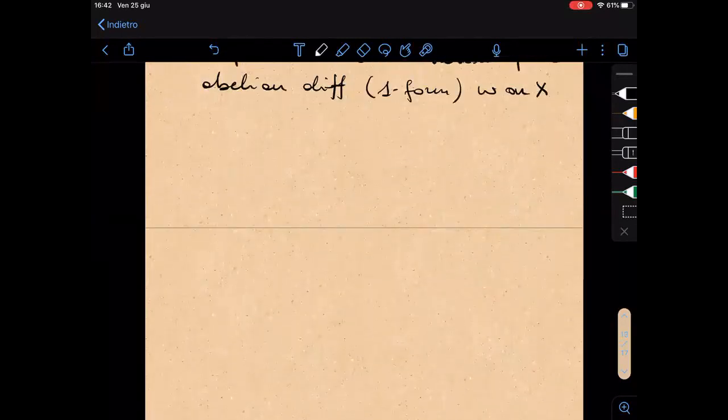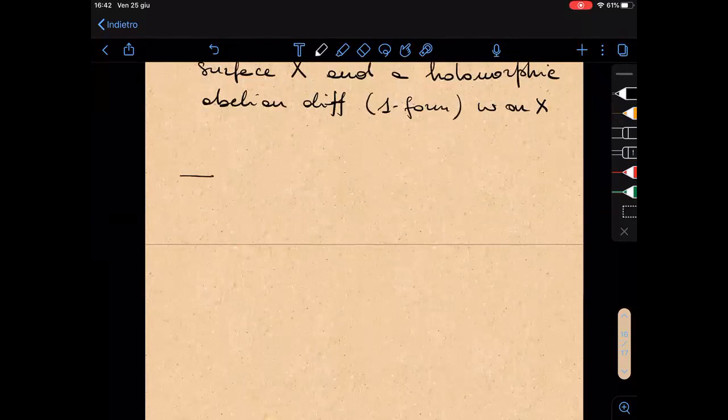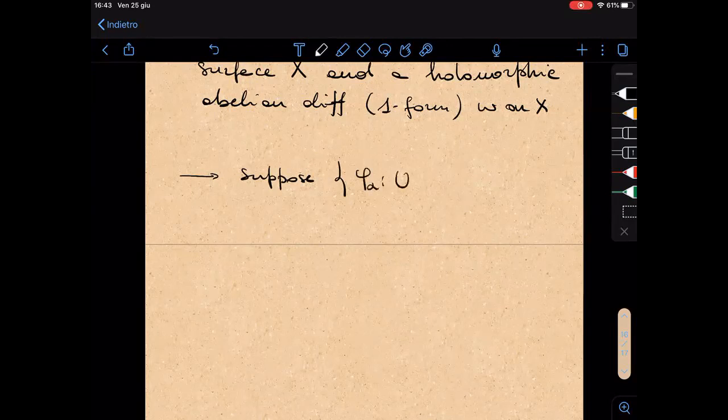So in one direction, we suppose we have these atlas of charts. So we are given this atlas.